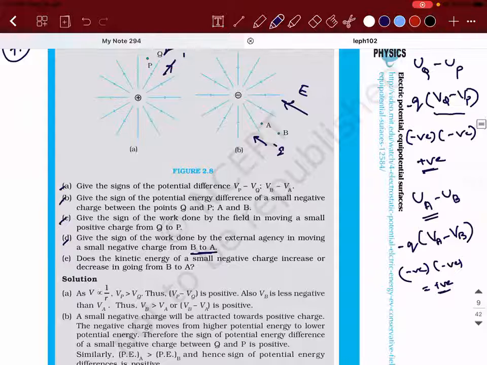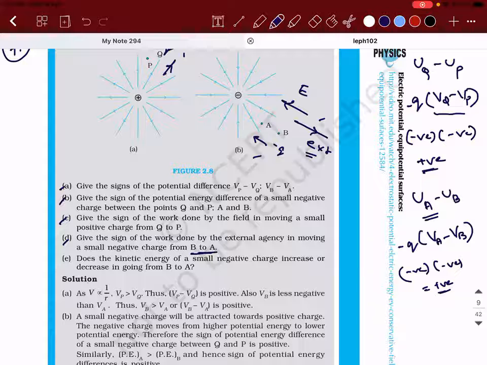Work done by the field itself. Is it going to be positive or negative? Work done by the electric field. Is it going to be positive or negative? So if I take the external field is in this direction. Now the question is, the angle between external field and charge is how much? 180 degrees. Right. So is it going to be negative in this case?